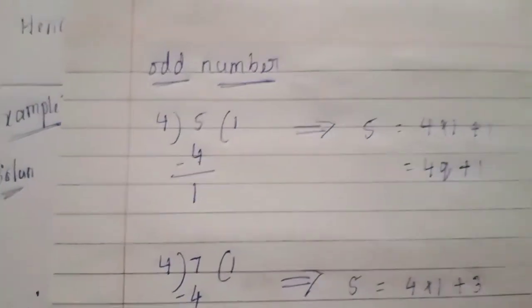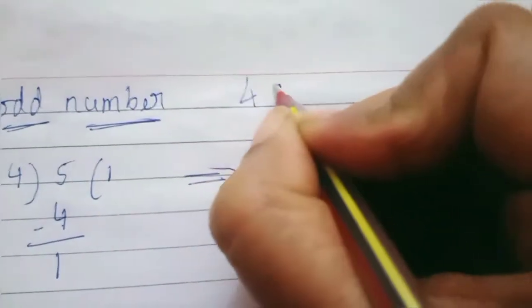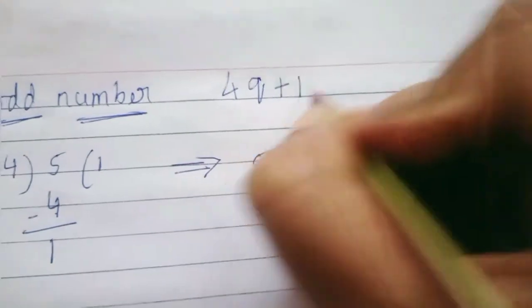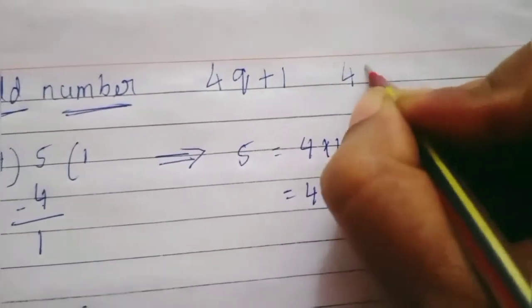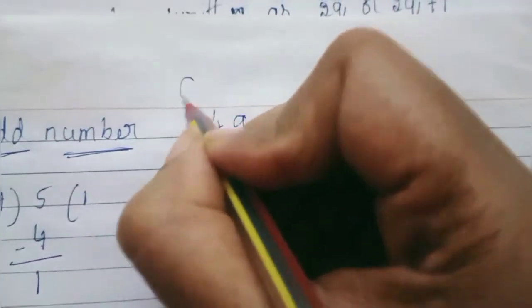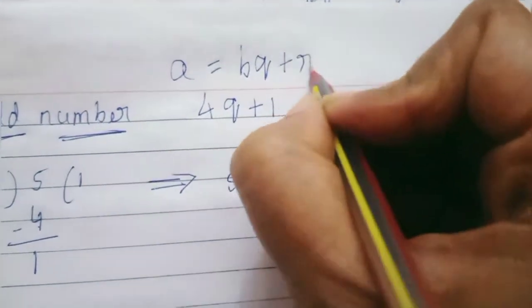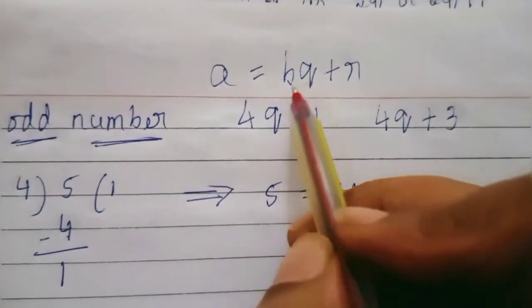As he told us, show that any odd number is in the form of 4q plus 1 or 4q plus 3. When you compare with the lemma, a equals bq plus r, you can see the coefficient of q is b.